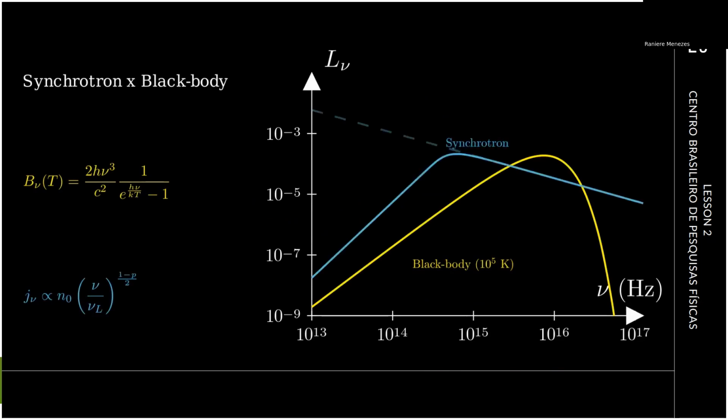This is the synchrotron emission we found, a power law, and this is a realistic case where we have synchrotron self-absorption. For electromagnetic waves at very low frequency, the plasma in the surroundings of the black hole or a neutron star, for instance, can absorb the photons.